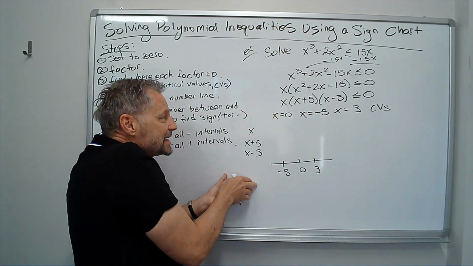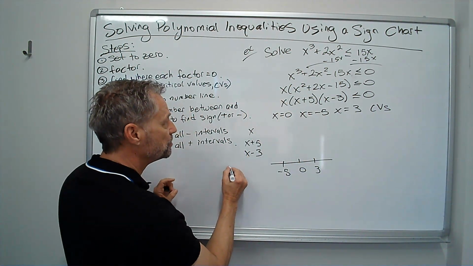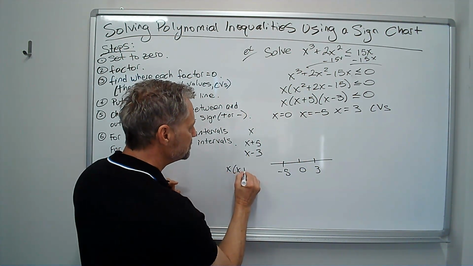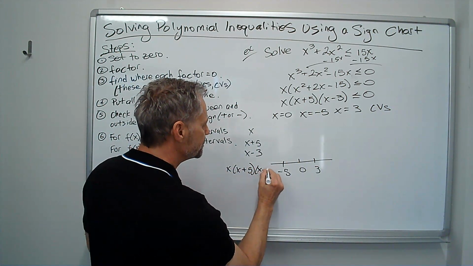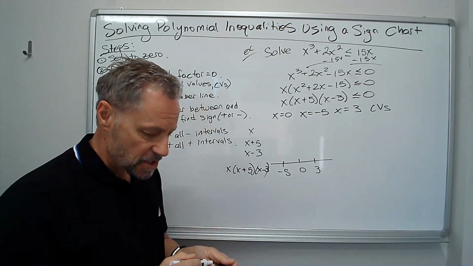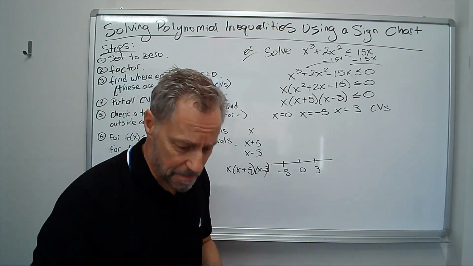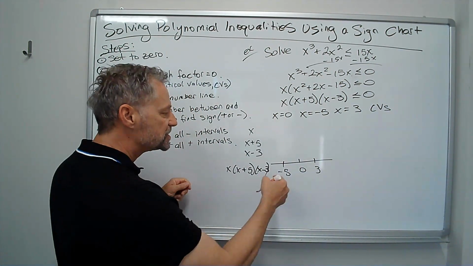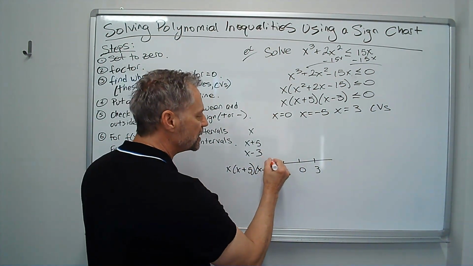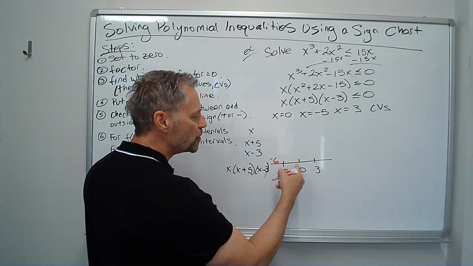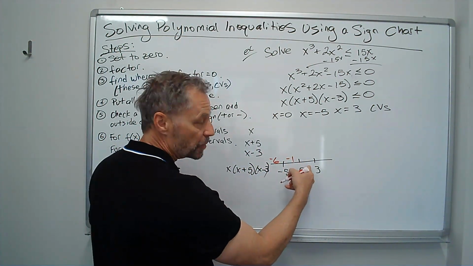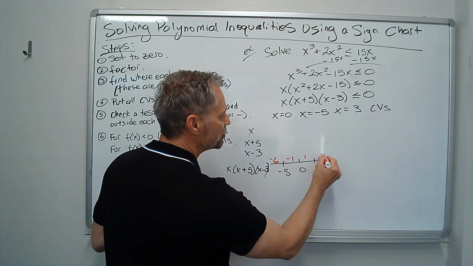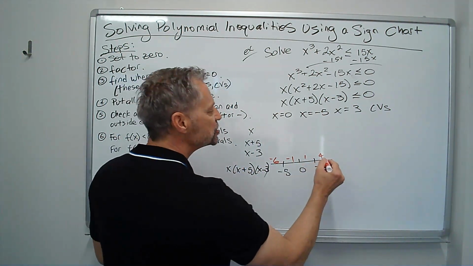Then down here, what I'm going to do is see what happens when I multiply all these together: x times x plus 5 times x minus 3. Now I get a test number: someplace furthest to the left, say negative 6, somewhere in between, say negative 1, somewhere in between, say positive 1, and somewhere to the right, 4. These are just test numbers.